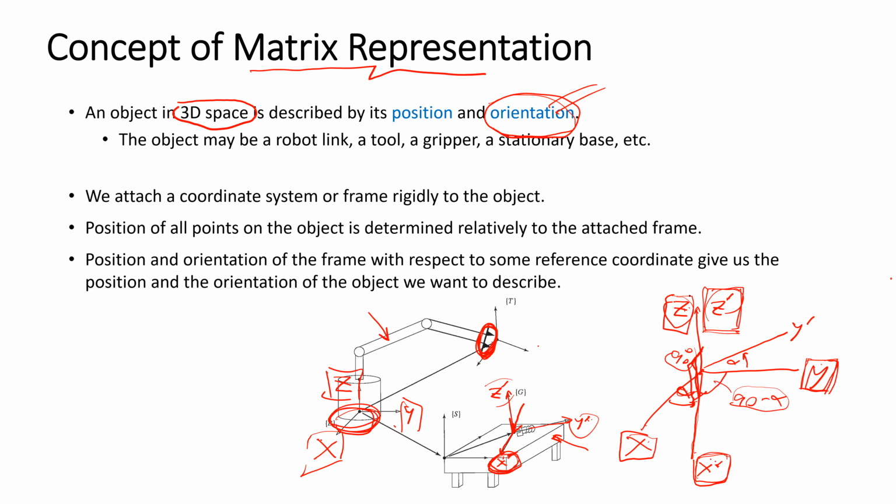So with this description, the direction of the Z prime can only be in this direction. So the idea of how we can tell the direction of the frame is to tell the angle between the direction of that frame and each direction of the global frame.